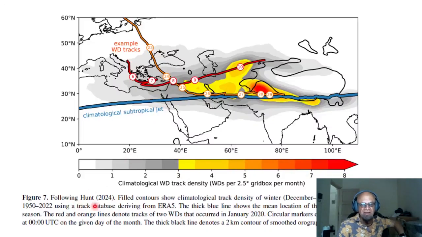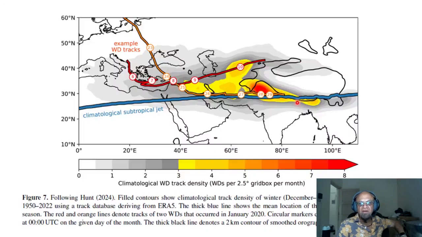Following Kieran Hunt 2024, field contours show climatological track densities of winter WDs computed from 1950 to 2022 using a track database derived from ERA5.